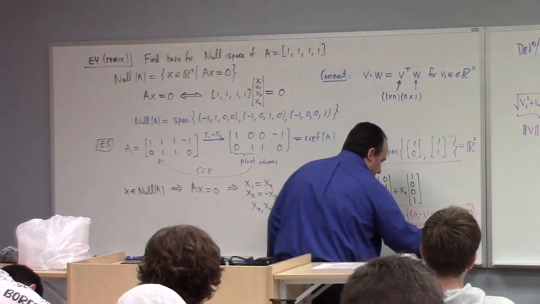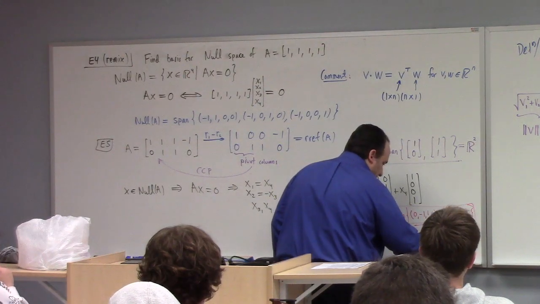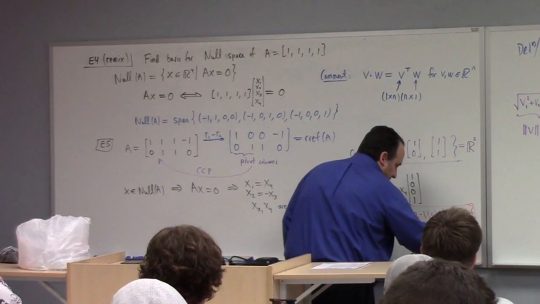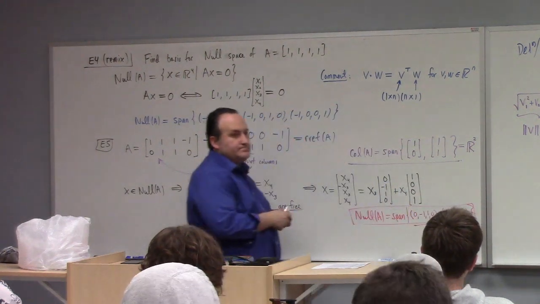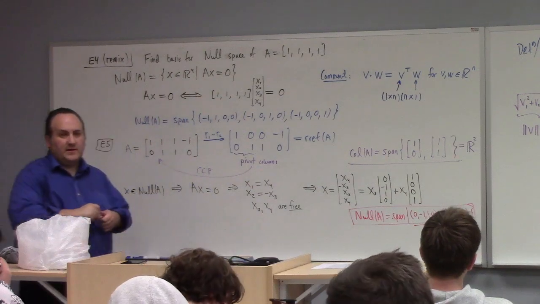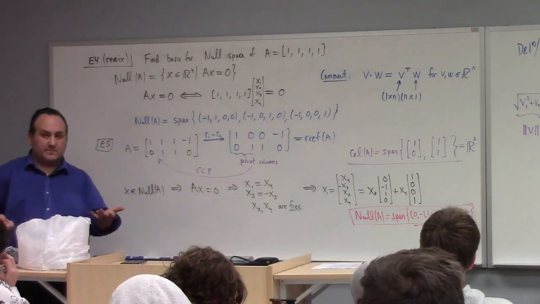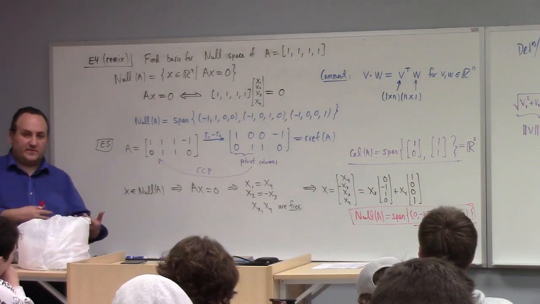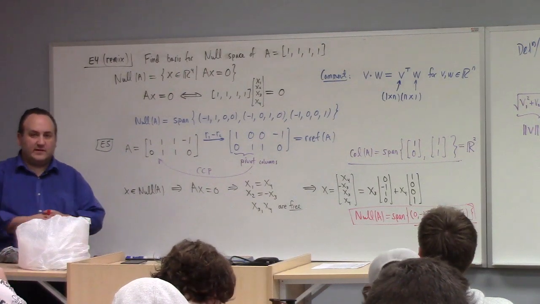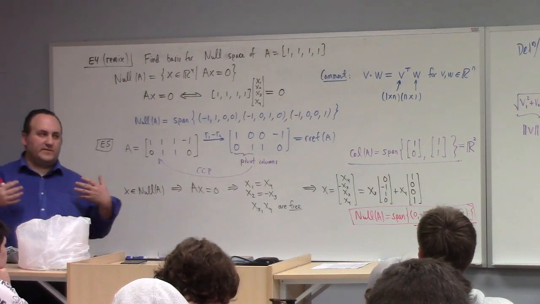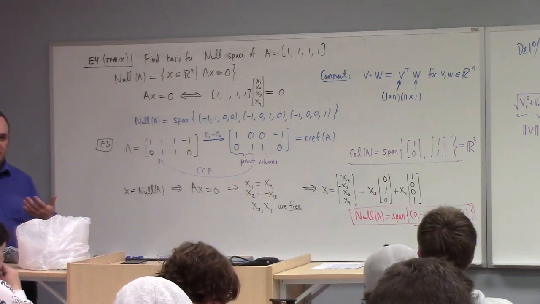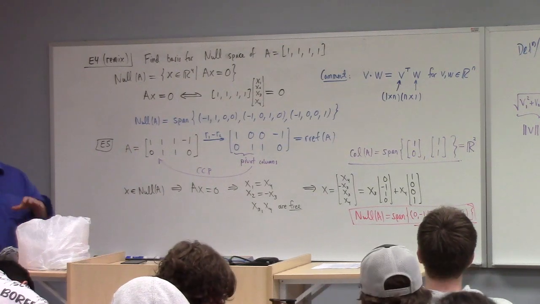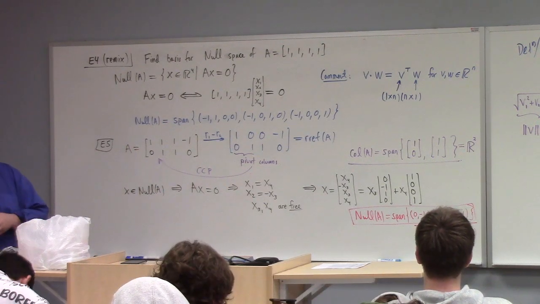And this right here is a basis, because it's a linearly independent spanning set, which makes it a basis. So the null space here is two-dimensional. The column space is two-dimensional, but they're very different contexts, right? The null space is a two-dimensional subspace of four-dimensional space, whereas the column space is just literally R2.